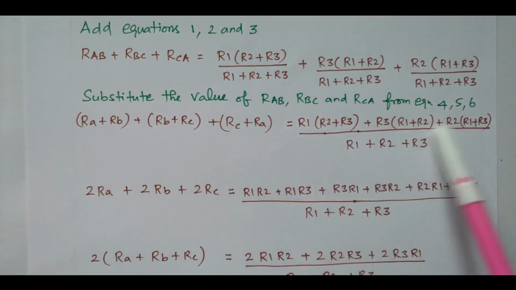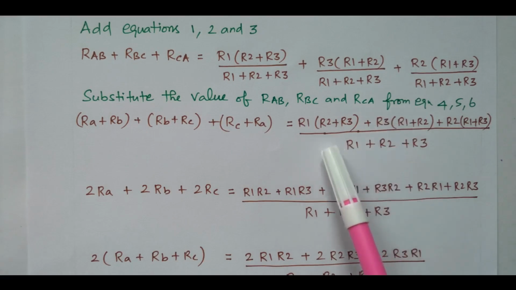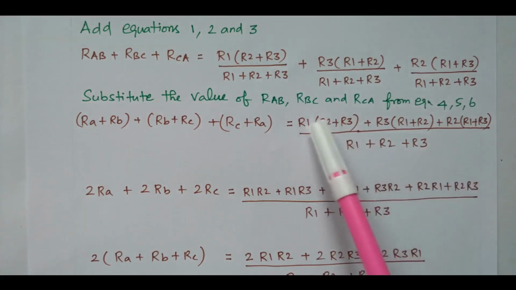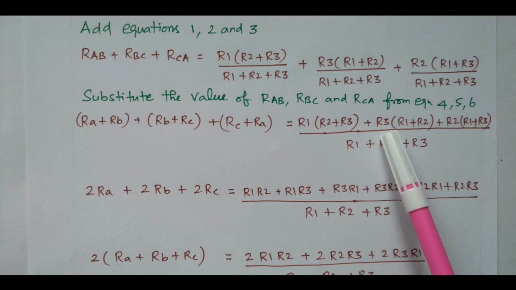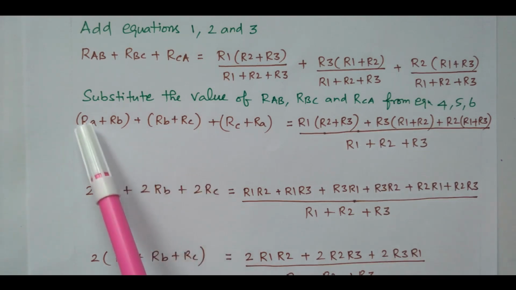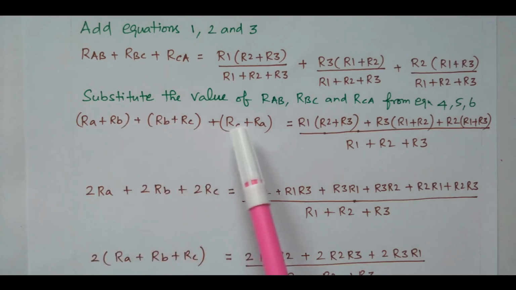Now we'll go to the right hand side. On the right hand side, all these 3 have the same denominator, so we can take it as common. R1, R2, R3 is available in all the terms. We can write the remaining terms: R1 into R2 plus R3, R3 into R1 plus R2, R2 into R1 plus R3. Right. Now see this. RA is available 2 times, RB is available 2 times, RC is available 2 times.